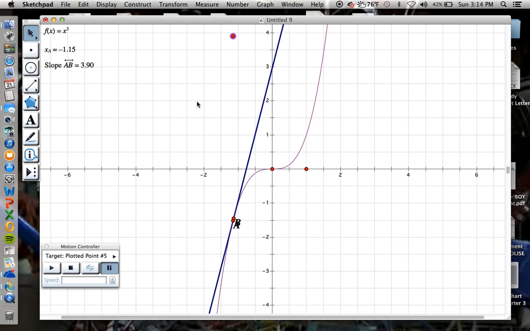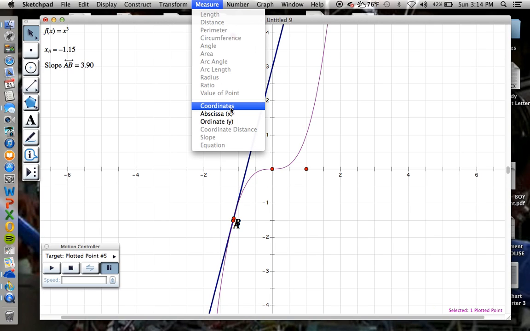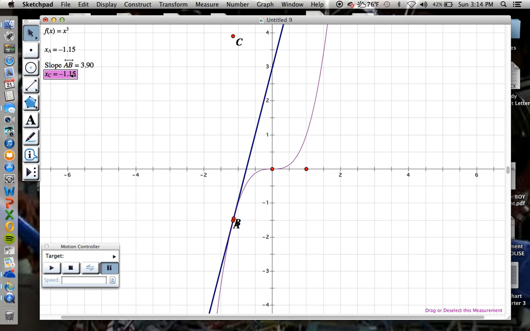Now I'm going to label this point, measure the x value on that point, and then measure the y value on point C. The interesting thing about point C is that it's generated by the same x value. Notice how x sub A and x sub C are the same thing. But the y value on point C is generated by the slope of the tangent line.